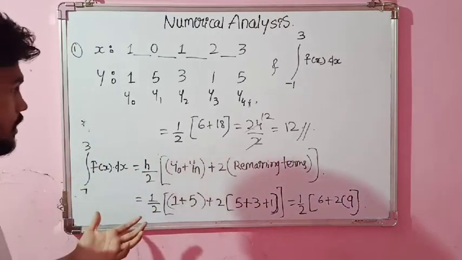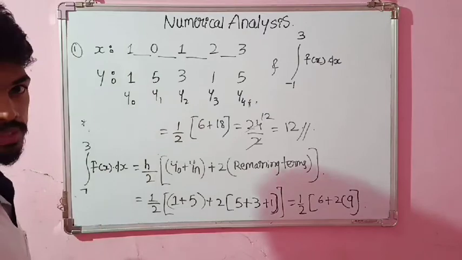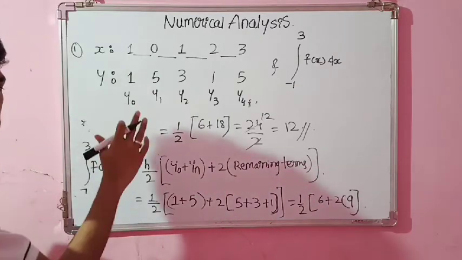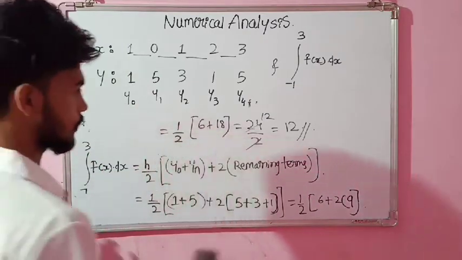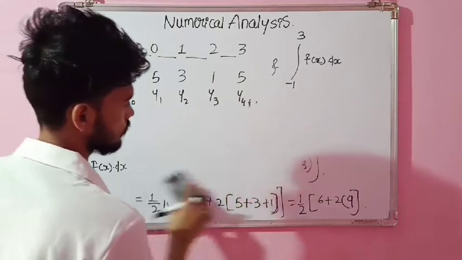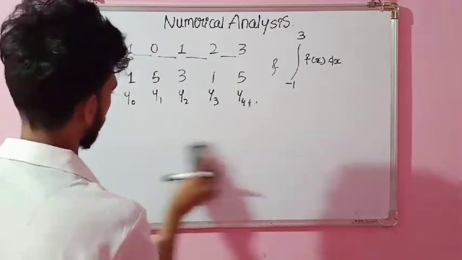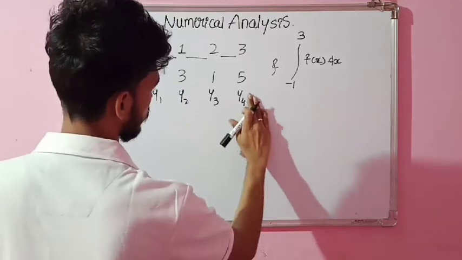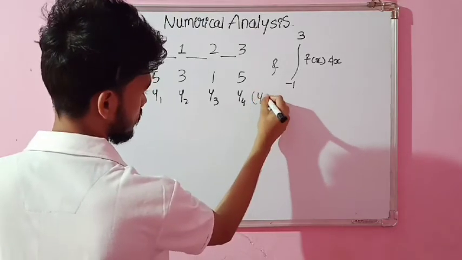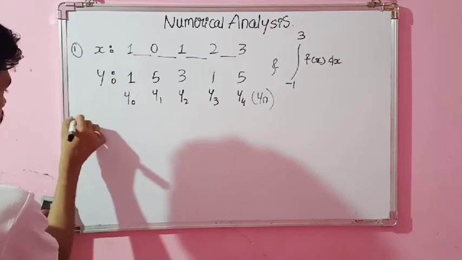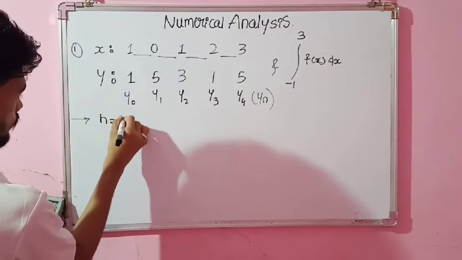Now we will solve for Simpson's one third rule, for the same data. This is yn, the last term, and we know that the h value is equal to 1.